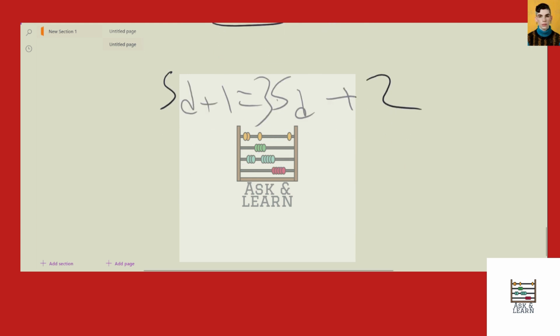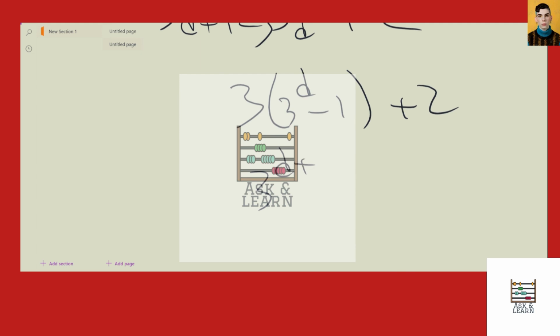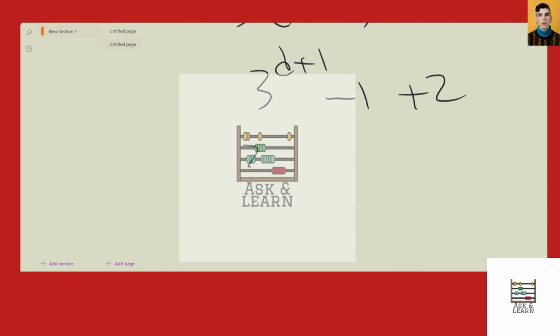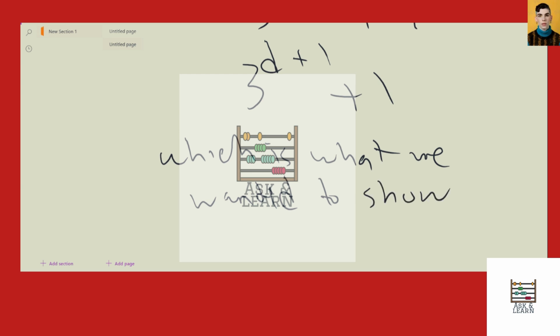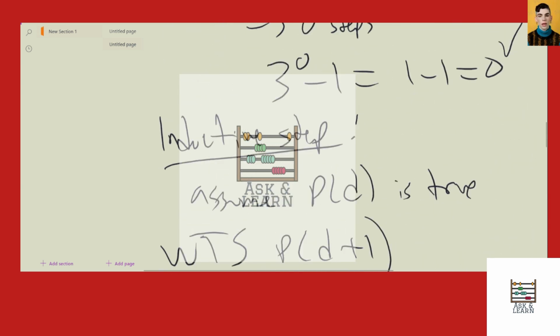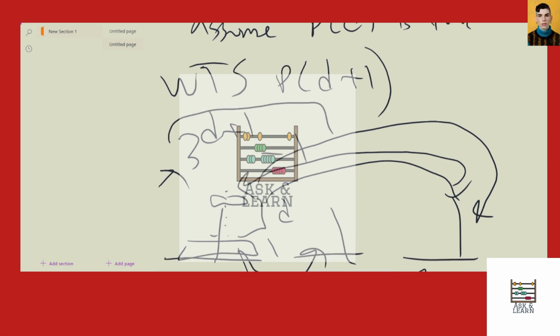And this is just equal to, well, we have 3 times 3 to the D minus 1 plus 2. That's 3 to the D plus 1 minus 1 plus 2, which is equal to 3 to the D plus 1 plus 1, which is what we wanted to show. Recall from over here, we wanted to show that P of D plus 1 was true, and this is P of D plus 1 here.